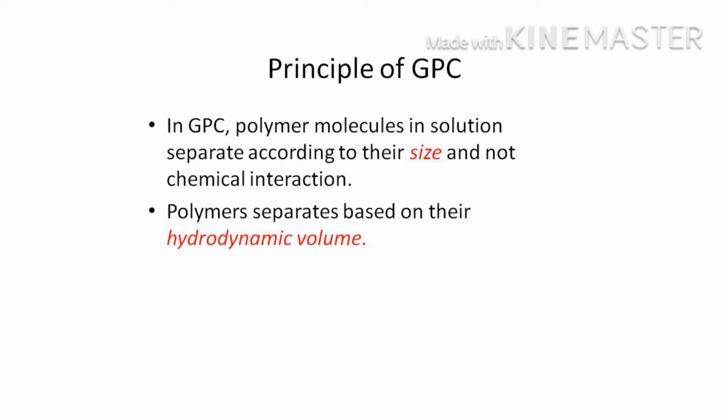The principle of GPC is that polymer molecules in solution separate according to their size and not chemical interaction or chemical retention. Separation is based on the difference in the hydrodynamic volume of polymer molecules of varying molecular weights in their dissolved state.